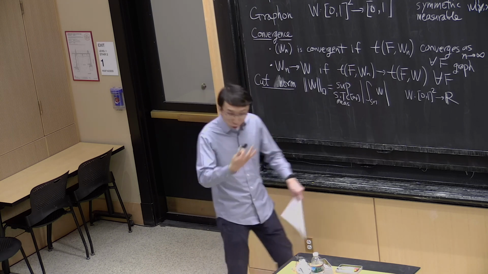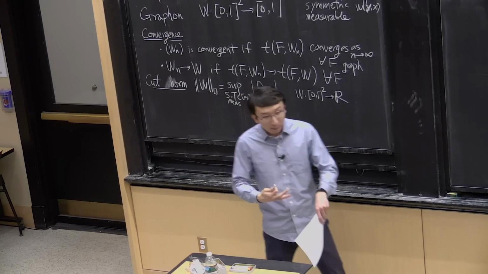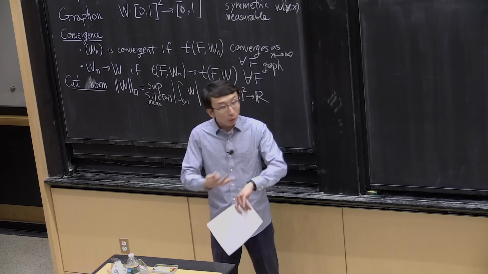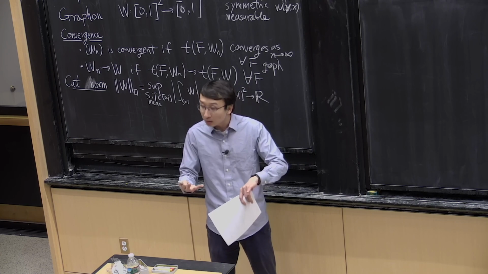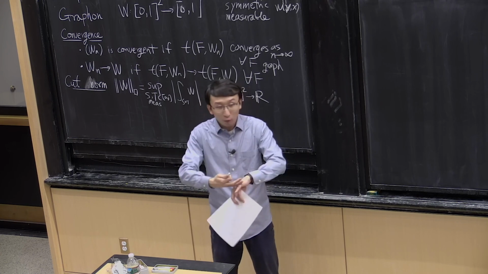Now, if I give you two graphs or graphons and ask you to compare them, you are allowed to permute the vertices in some sense, to find the best overlay.